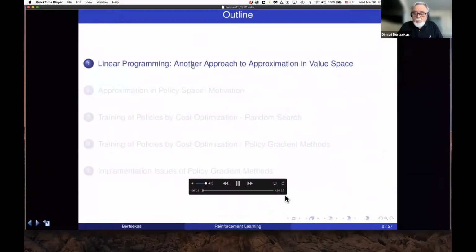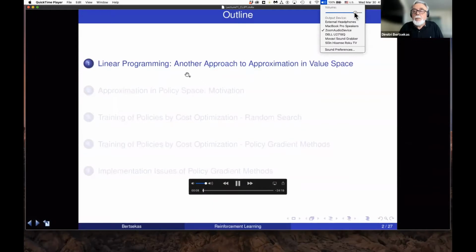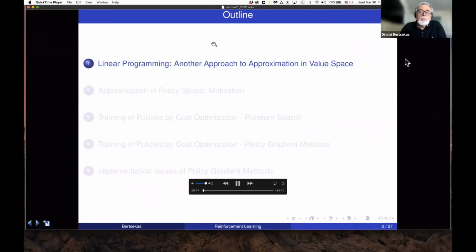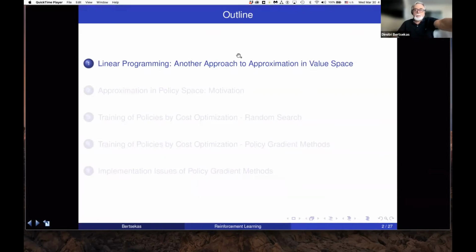First topic is linear programming. And by the way, after this outline, I'm going to switch to a video lecture from the 2019 offering of the course. Linear programming is another interesting method for solving dynamic programming problems exactly or approximately.